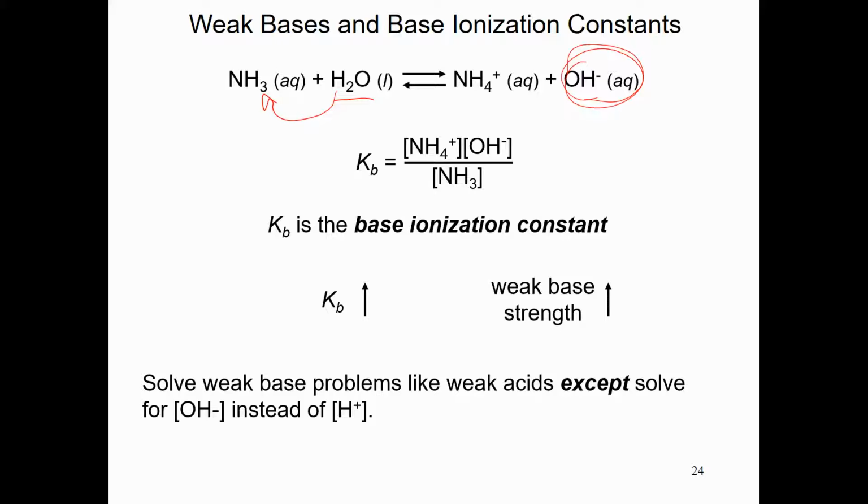Either way works. But the questions usually ask, what is the pH? So in this case, X would equal my OH minus. I would find the pOH from X and then the pH, or I would go from OH minus to H+, and then find the pH from the H+. It doesn't matter which way you go.